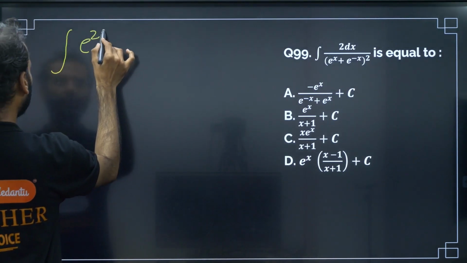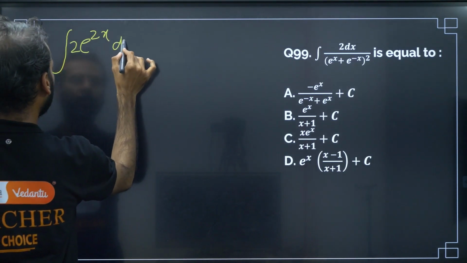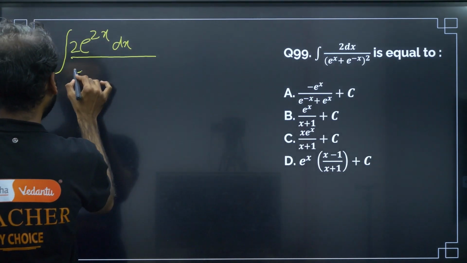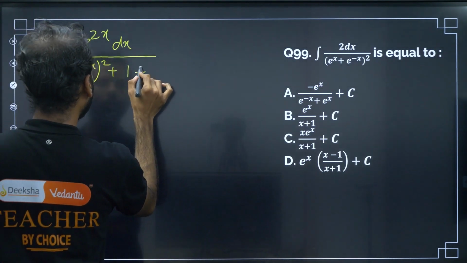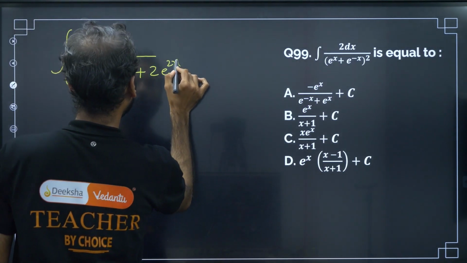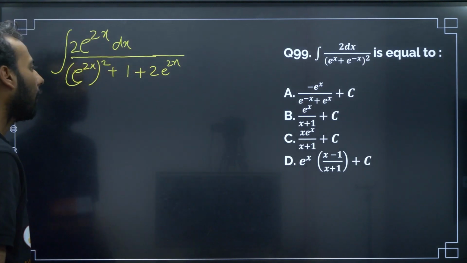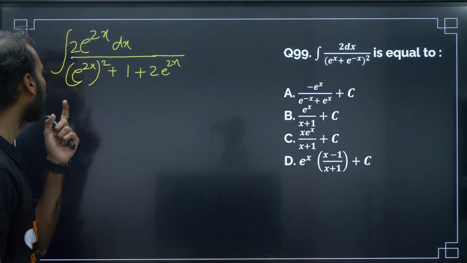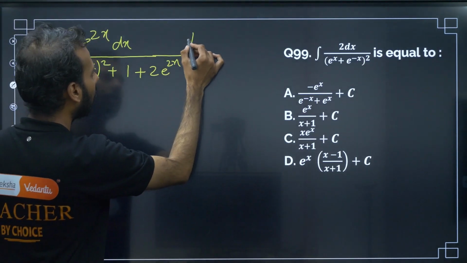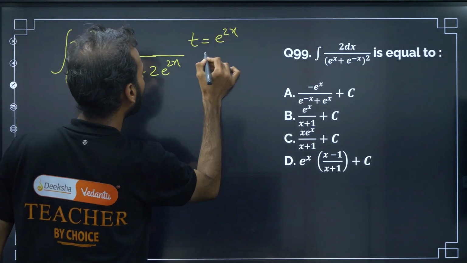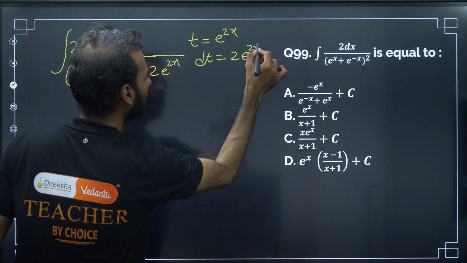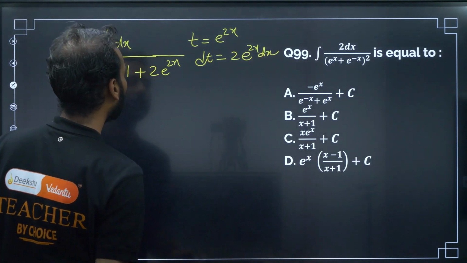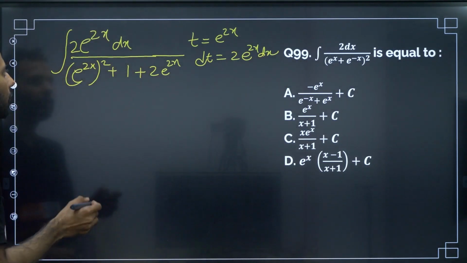I got one expression, 2 e raised to 2x dx divided by e raised to 2x square plus 1 plus 2 e raised to 2x. Also I have renamed t as e raised to 2x and obtained dt equal to 2 e raised to 2x dx. So these were the things from the previous page.